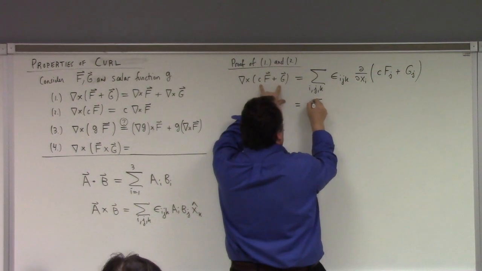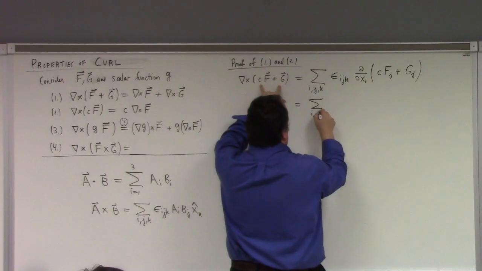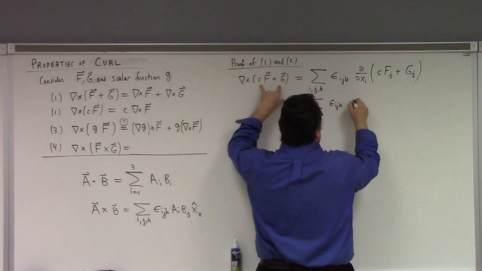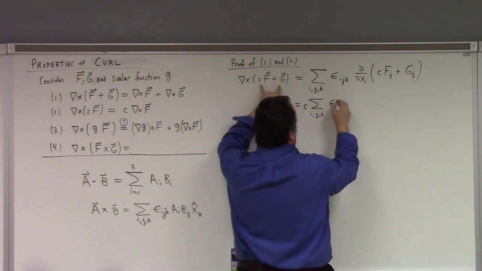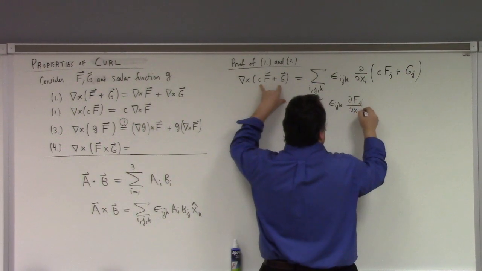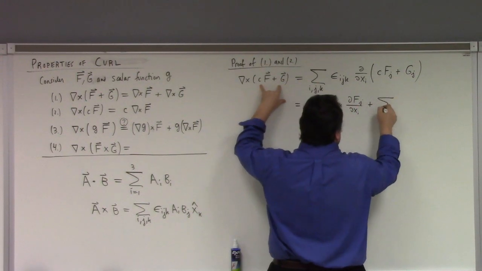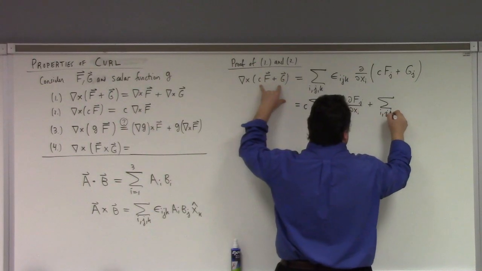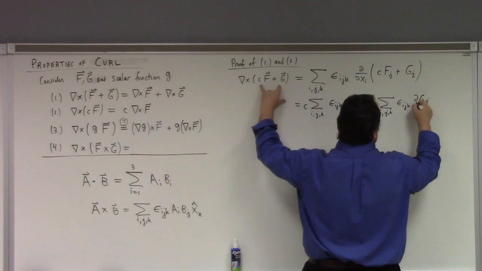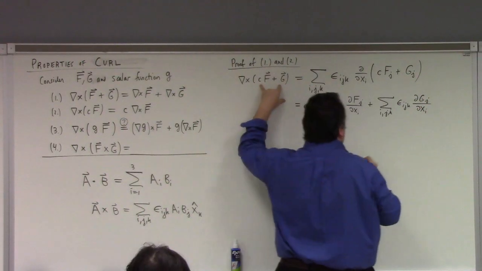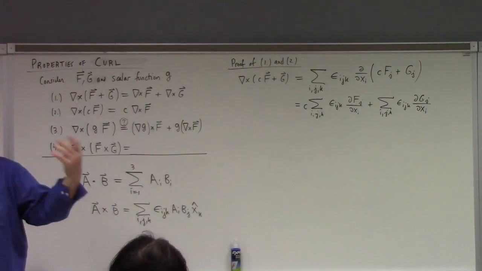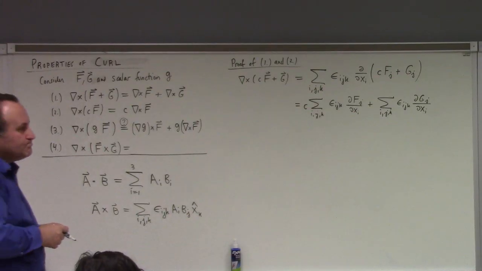So that is the sum over i, j, k of epsilon i,j,k partial F_j, partial x_i, and then of course plus another sum over i, j, k of epsilon i,j,k. I'm doing 2 steps at once here. I hope you guys can forgive me. The first step is just linearity of the derivative. The second step is properties of the finite sum.